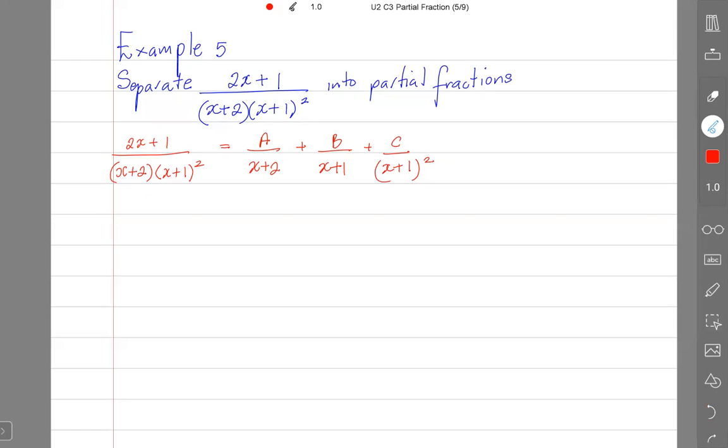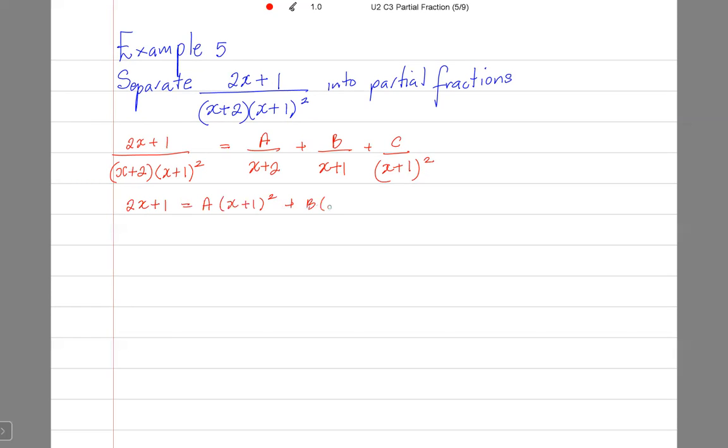So I'm going to end up with 2x plus 1 equal to A into x plus 1 squared, or x plus 1 times x plus 1, I don't think it matters, plus B into x plus 1, x plus 2, plus C into x plus 2. All right, I need to find out what A, B, and C are.